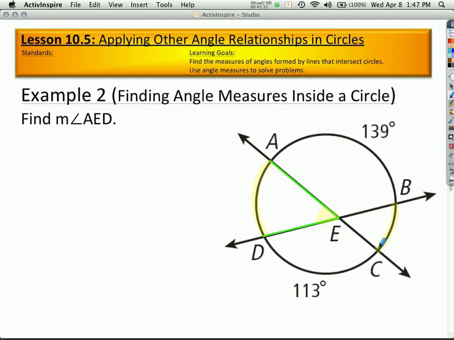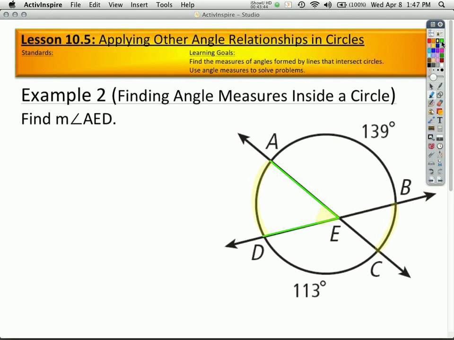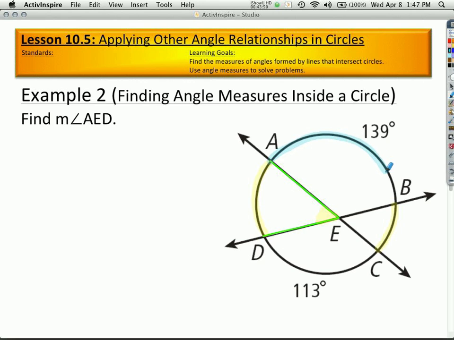What do we have that we can use? Alicia? Okay. Well, go ahead, name them for me. Very good. So we have these arcs. And so we could find the measure of this angle using those 2 arcs.